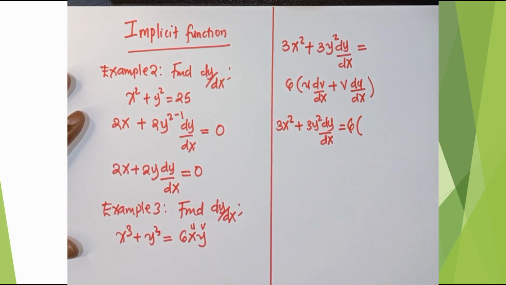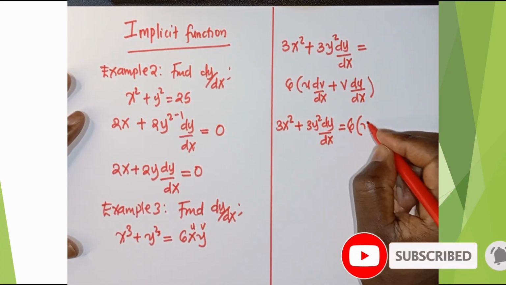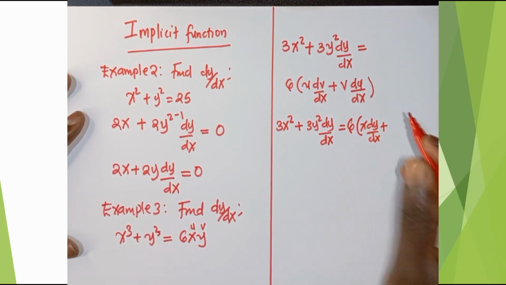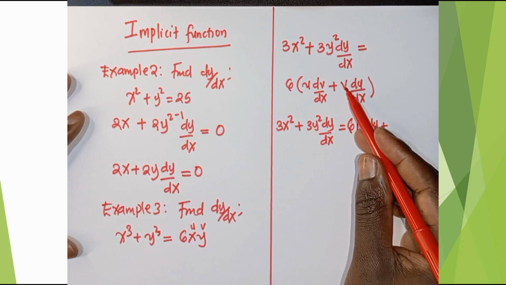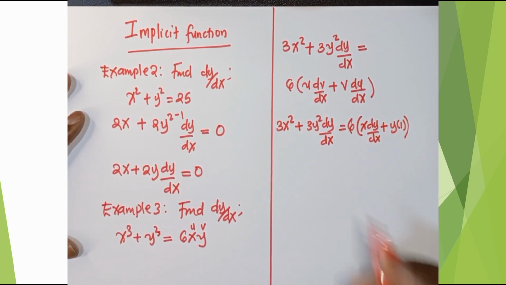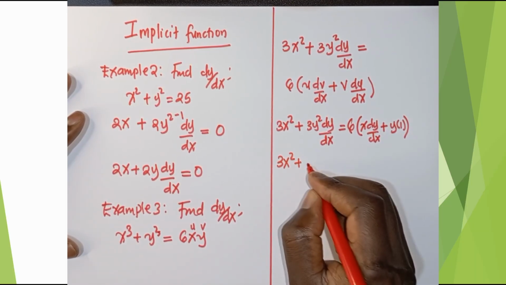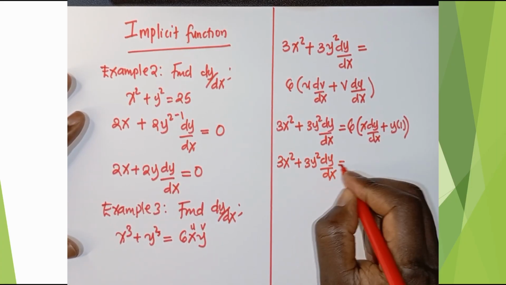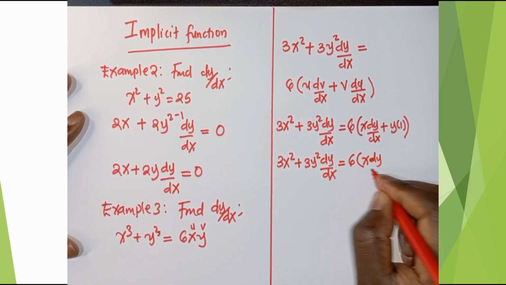Our u is x. Differentiate y, you'll have dy by dx, plus keep v constant, v is y. When you differentiate x, you get 1.